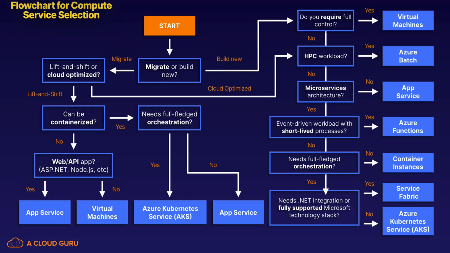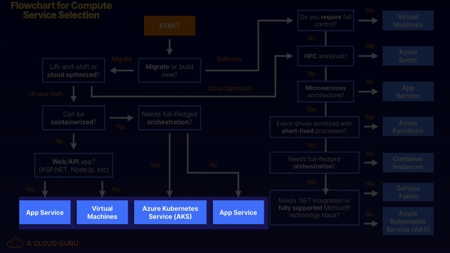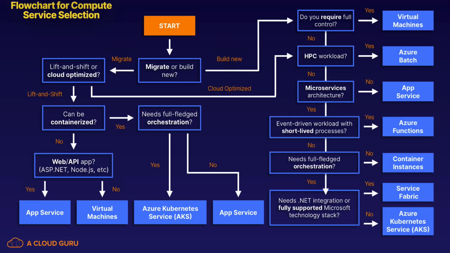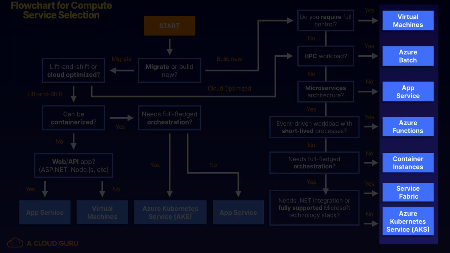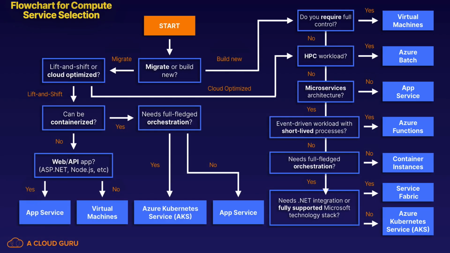You'll find that if you are migrating services, you have some pretty limited end results that you're going to be working with, primarily app services, VMs, Kubernetes. And if you are building new, then of course you can pretty much design for any kind of compute service you like.